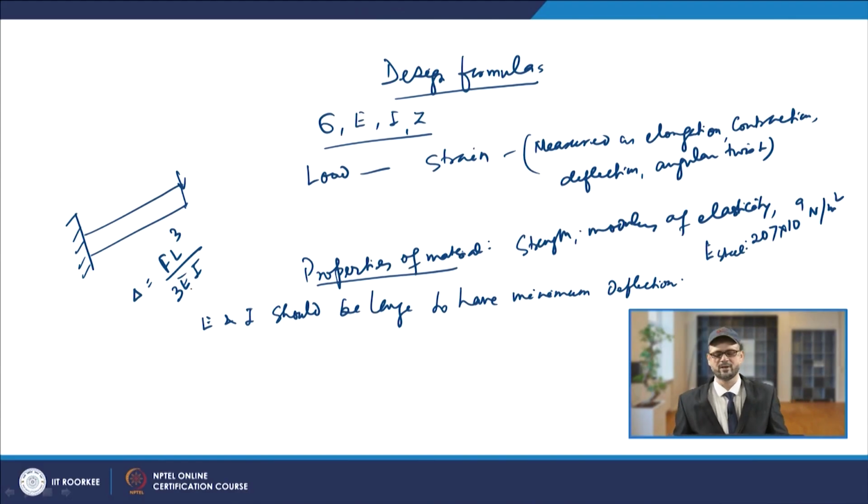Accordingly, you can have these cross sections formed by different forming processes, so that you have a larger value of E and I and can think of having a smaller amount of deflection. That is how design formulas are used, and you design for a better loading.